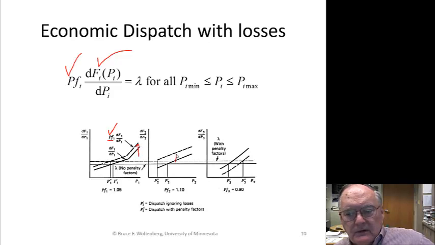Here's one that goes up. Here's one that comes down. Once you have done that, then you solve and you get this operating point right there. That's where the common lambdas are. Pardon me, over here. And you get these values for dispatching.